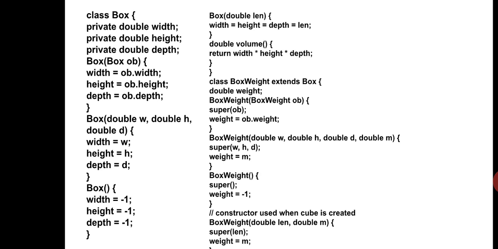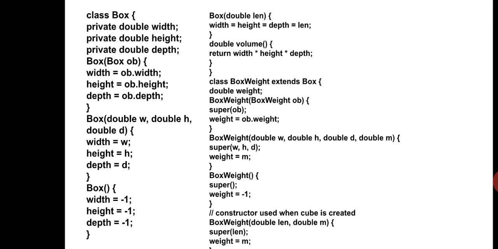If you had sent super of 7, then definitely the last constructor, Box of double len, would be called. Why? Because 7 can be considered as a double data type, isn't it?